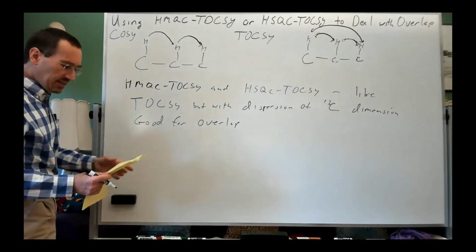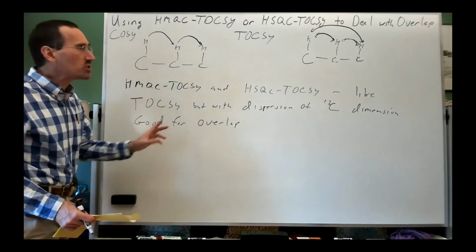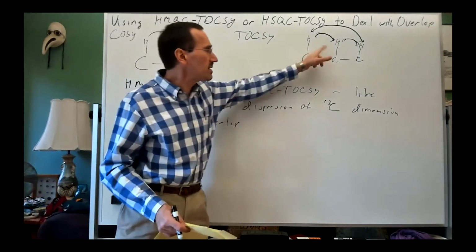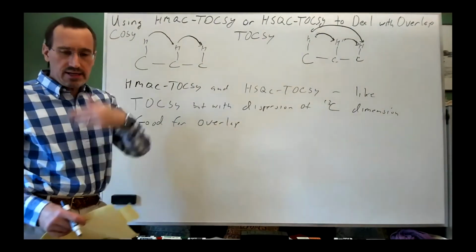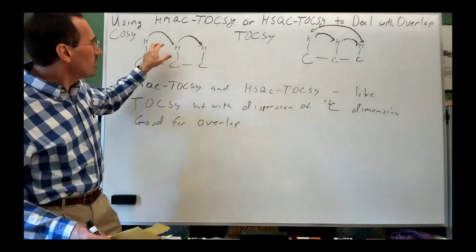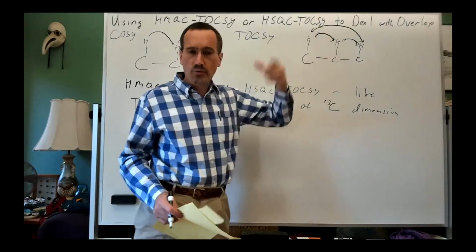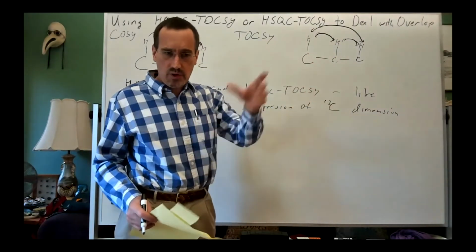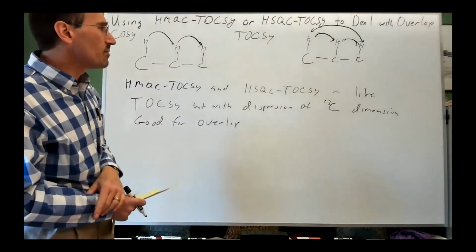And what's nice is if you vary what's called the mixing time, which is a parameter basically that deals with how much transfer you can get. These types of coupling occur on the time scale that's sort of 1 over the J value. In other words, it occurs on the time scale of tens of milliseconds.